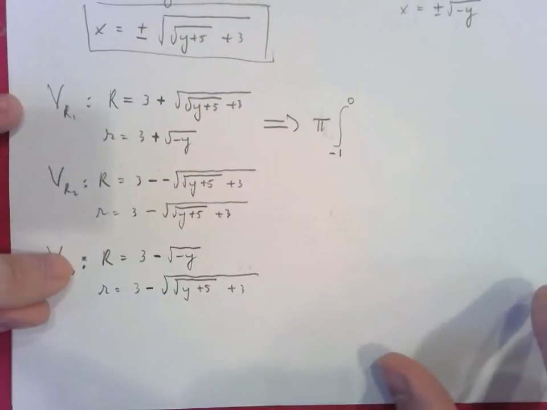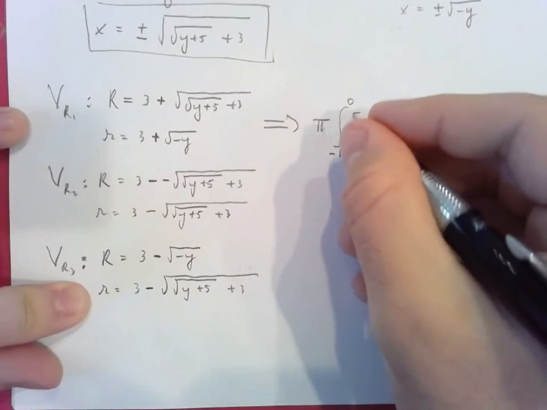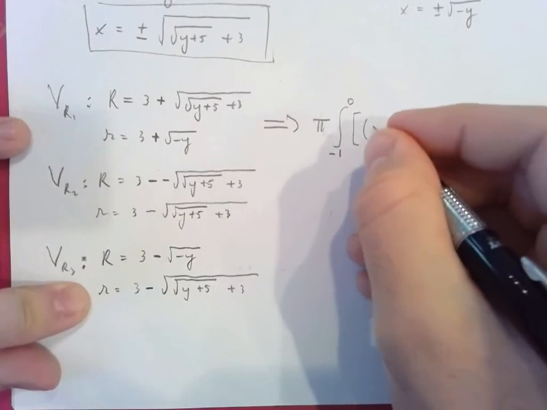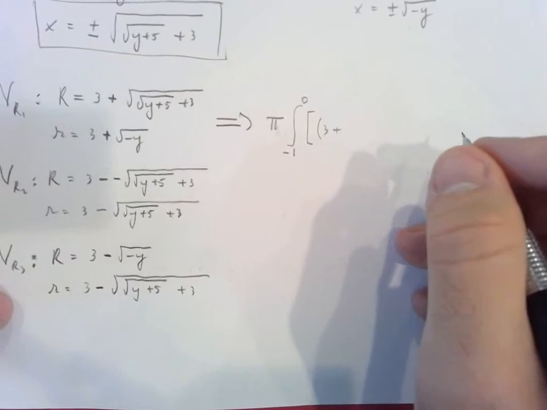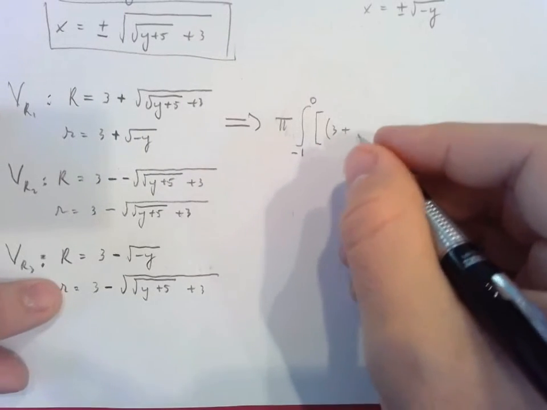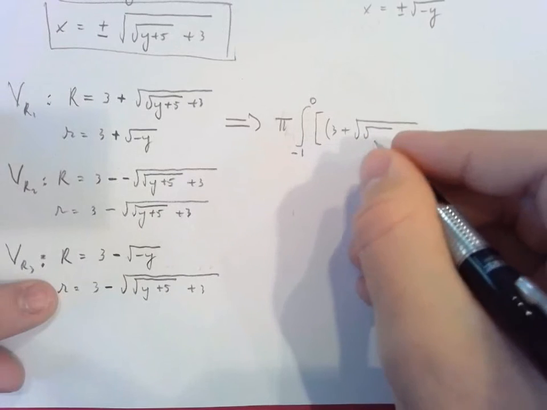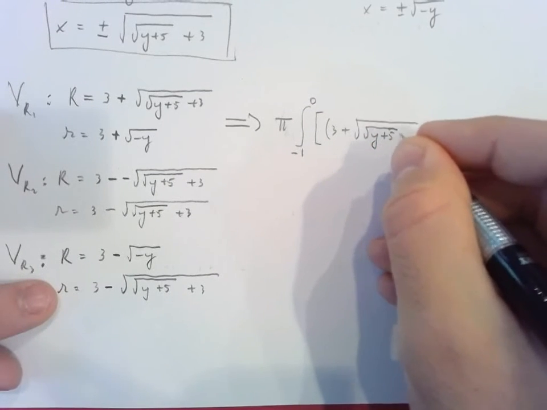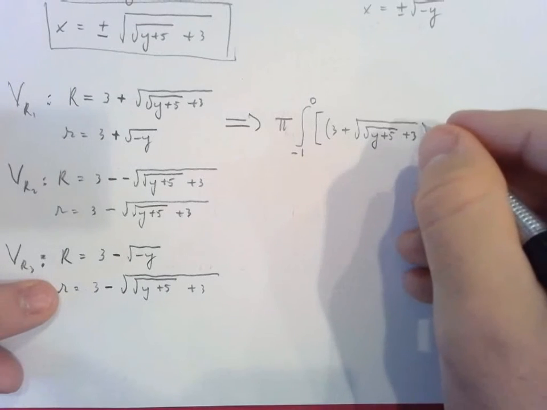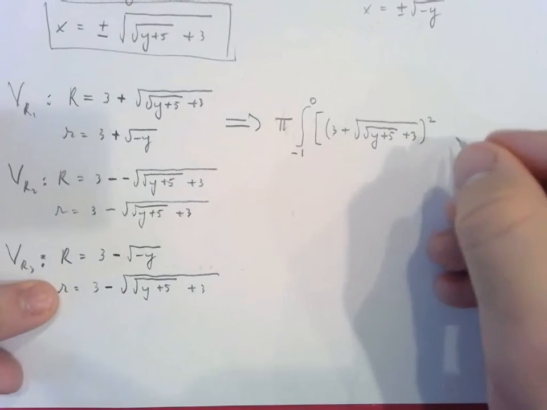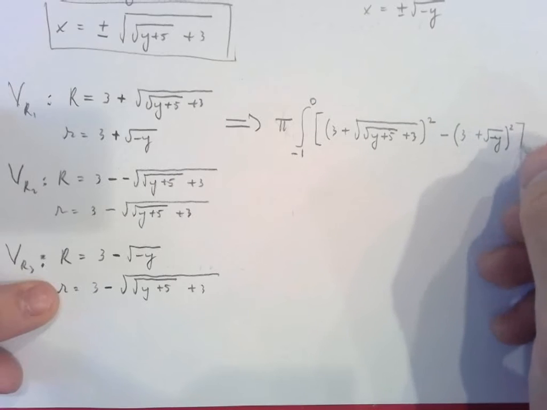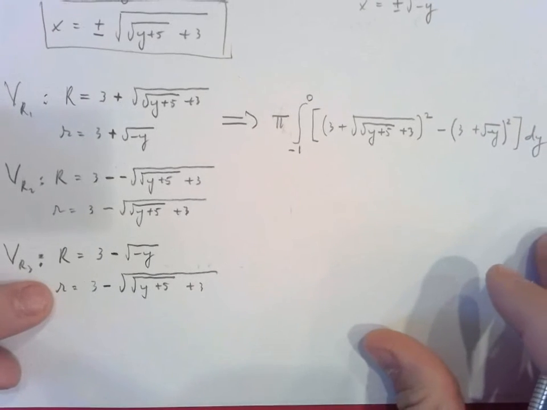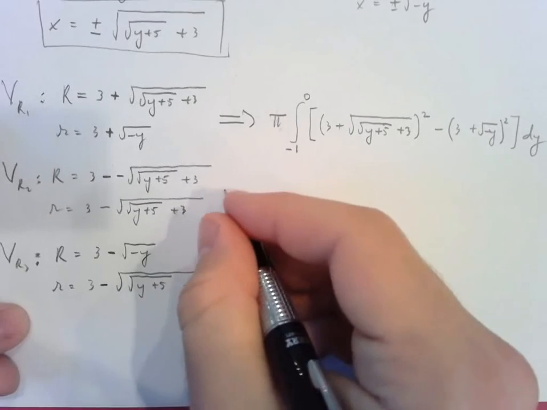The integral goes in the y direction, and I now just have big radius squared, so it's 3 plus the square root of y plus 5 plus 3, quantity squared, minus the little radius squared, so 3 plus the square root of negative y, quantity squared, dy. That's the volume of region 1 there.